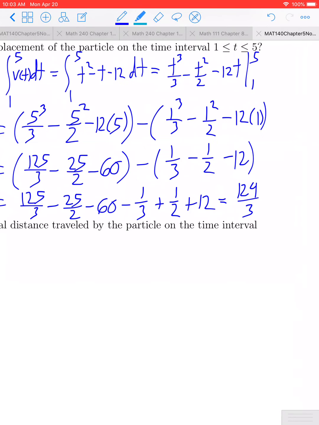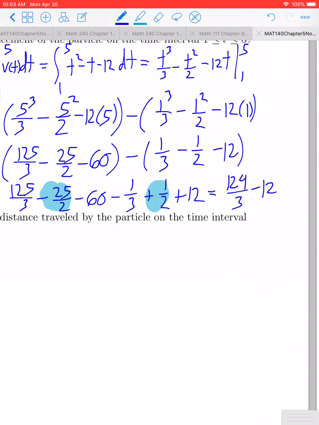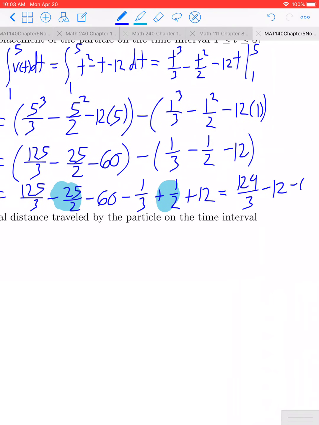Negative 25 halves plus a positive 1/2 will give us negative 24 over 2, which would be the same thing as negative 12. We still have a minus 60 and a positive 12 term.